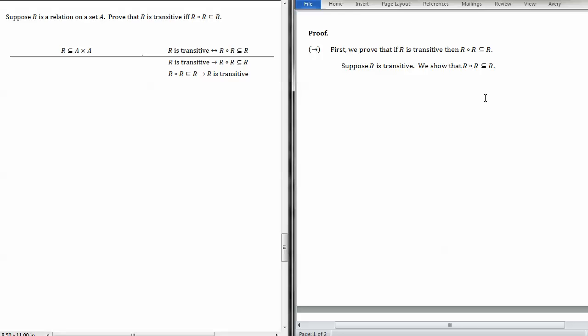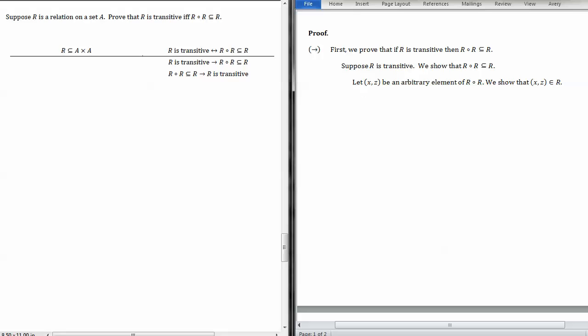To show this, we need to take an arbitrary element of the left-hand side. So let XZ be an arbitrary element of R composed with R, and we will show that that element is in the right-hand side, in R.